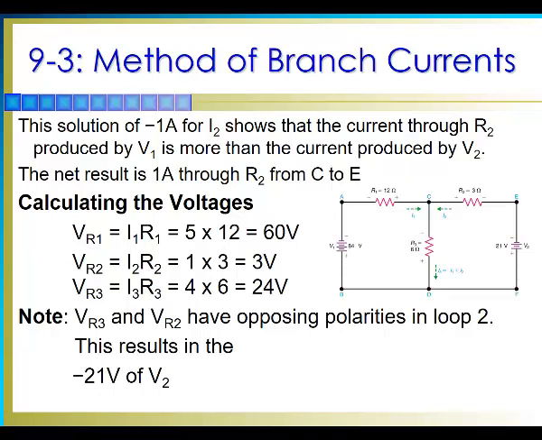VR1, the voltage on resistor 1, is going to be I1 times R1, and that will give you 60 volts. Then I do the same thing for the voltage across resistor 2, and that will give you 3 volts. And the voltage across resistor 3 will give you 24 volts.